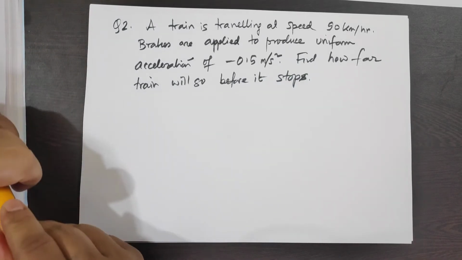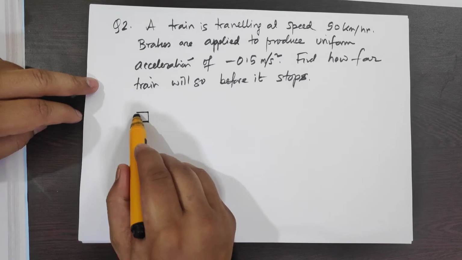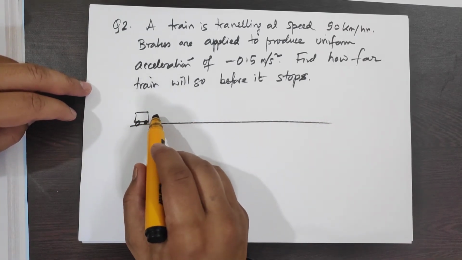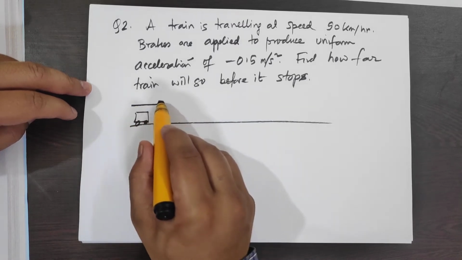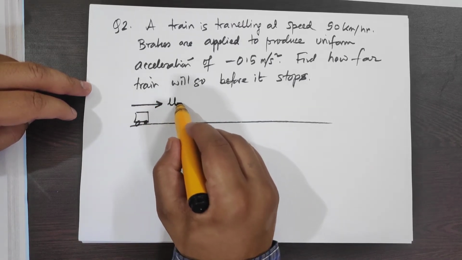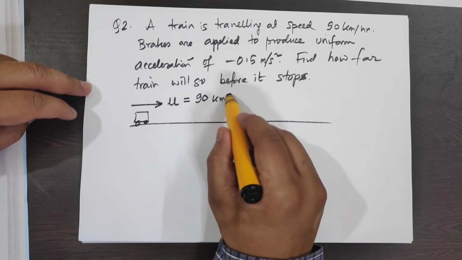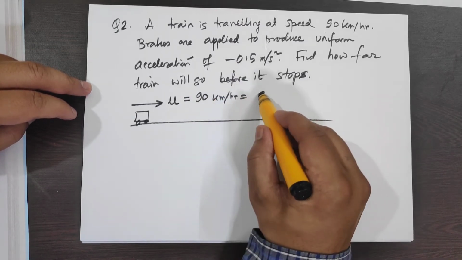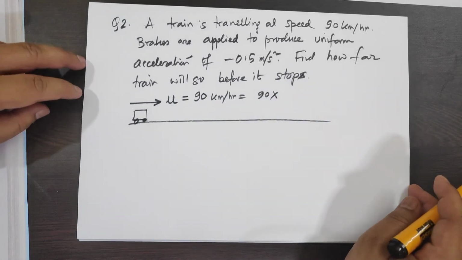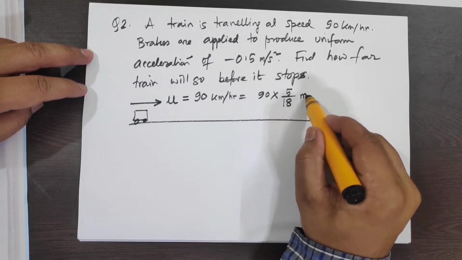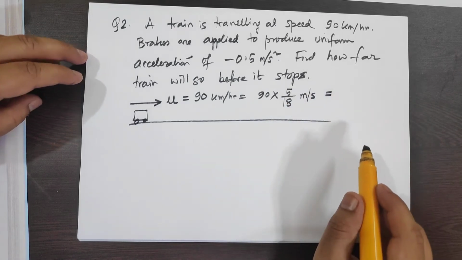So here consider this engine of the train, traveling at a speed 90, so the initial velocity is 90 kilometer per hour. So we have to change to SI system. In SI system, it equals 90 into 5 by 18 meter per second.